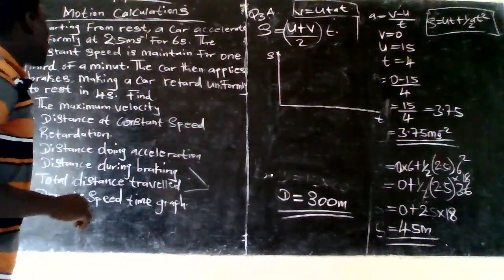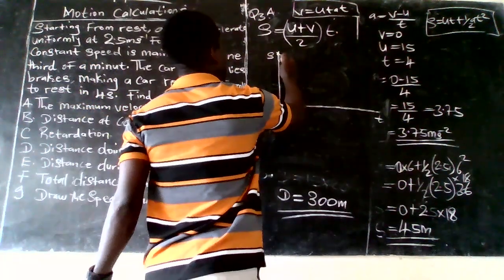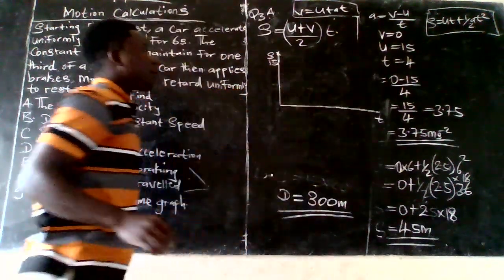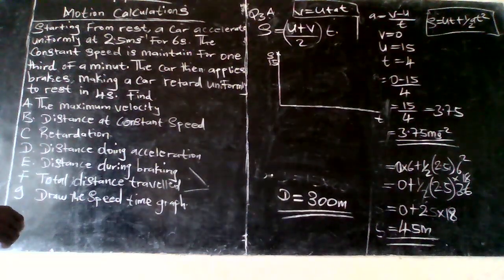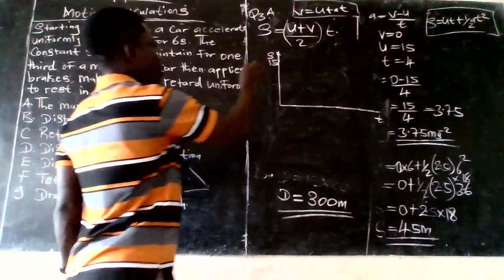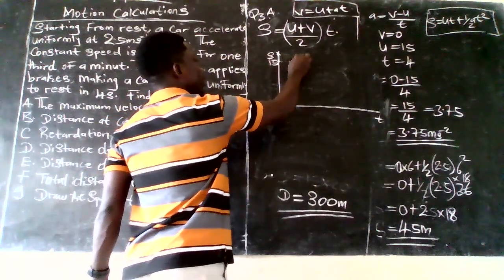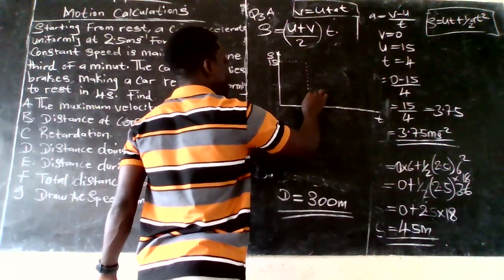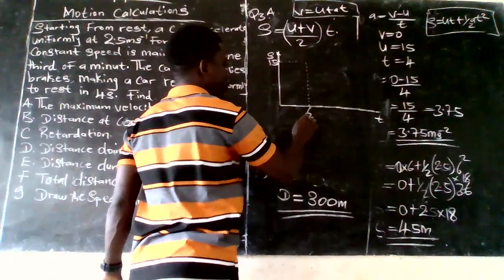The car's maximum velocity is 15, reached in how many seconds? 6 seconds. If you have your ruler, you can measure. So we say 15 here and 6 seconds here.